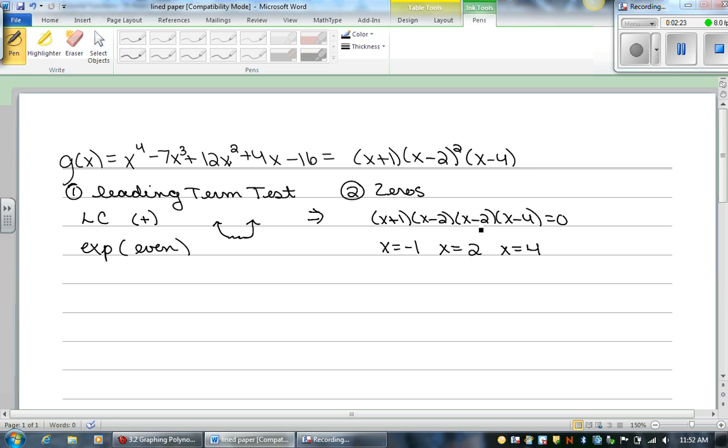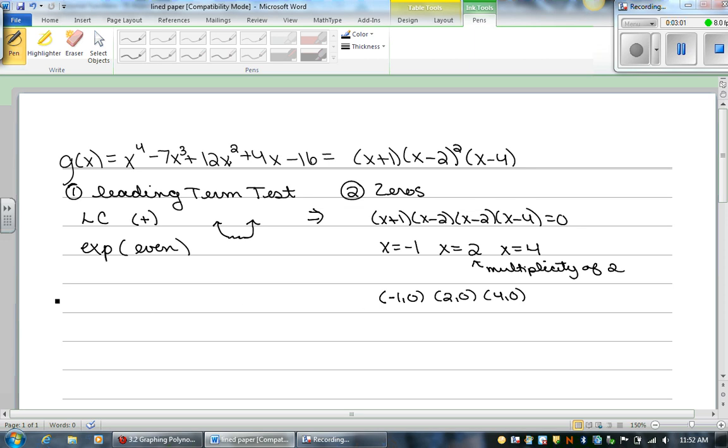Because this shows up twice, I'm only going to write my solution once, but this has a multiplicity of 2. That's just a little review. Everything else here has a multiplicity of 1. So this gives us our zeros: (-1, 0), (2, 0), and (4, 0). So now I already have a couple of points that I know I'm going to be working with.